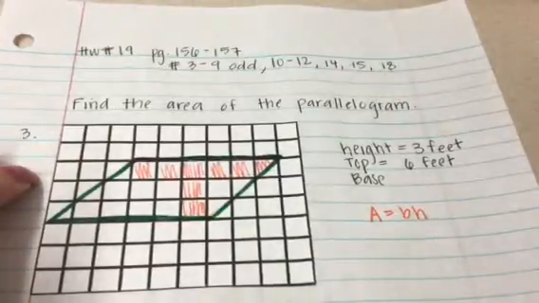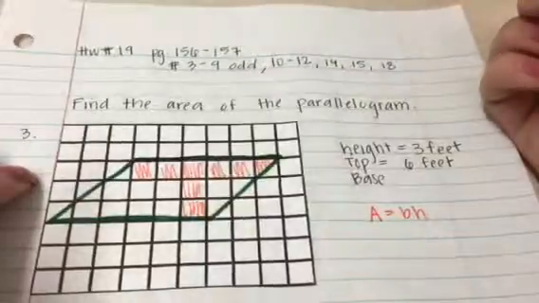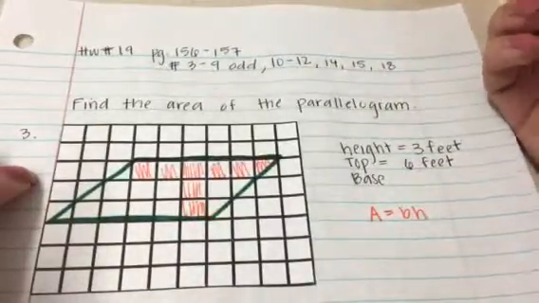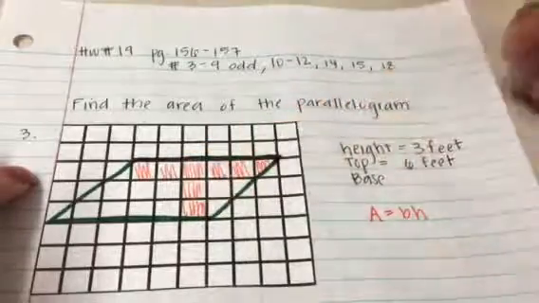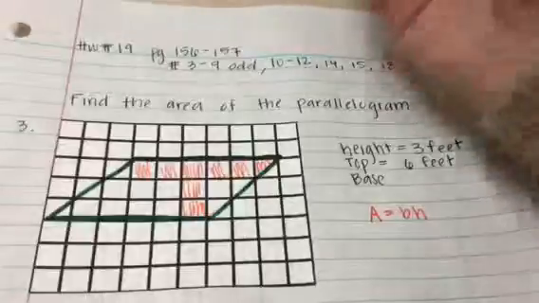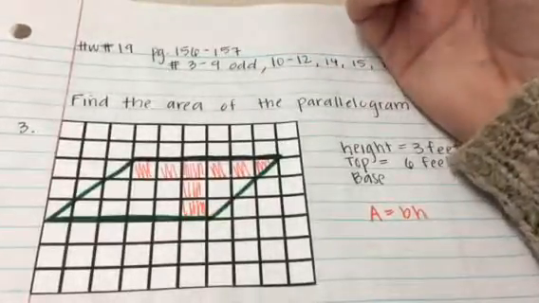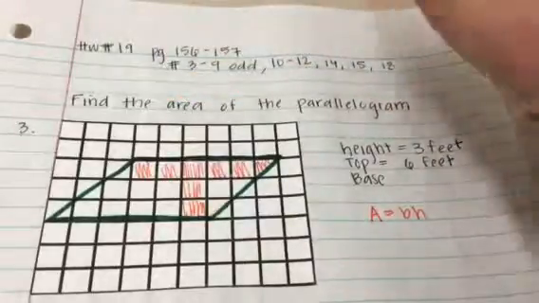But how do we find the area without using the formula? How can we use this illustration here? Well, area is basically the space that you have inside of the shape. So first, let's start off by counting the little complete blocks that we have, the little squares.